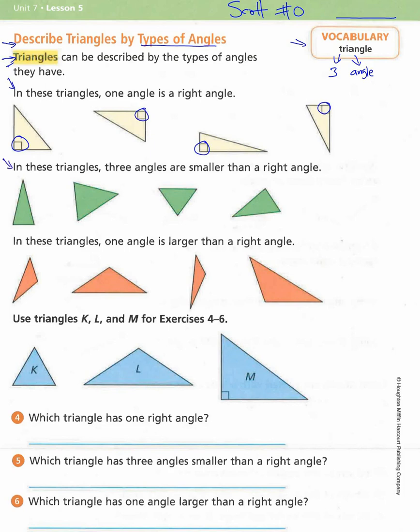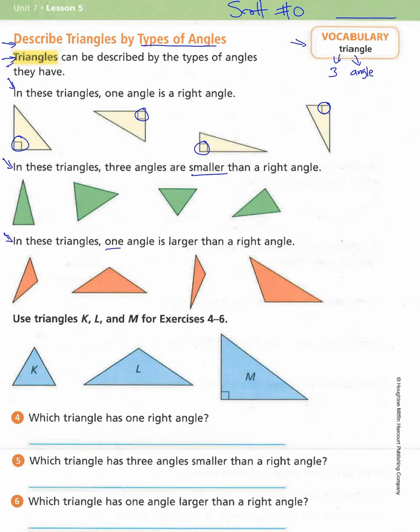In the next one, in these triangles, three angles are smaller than the right angle. So all of the angles inside of those are smaller or more closed than the right angle. We're kind of comparing them to a right angle, right? And then in the orange ones down here, one of the angles is larger, because you can only have one inside a triangle.